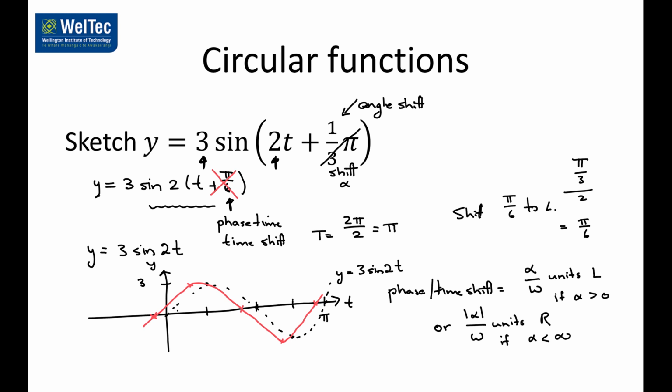It's just moved this distance here, which is pi by 6, so this point here is negative pi by 6. We could find the point where it crosses the vertical axis, that's when t equals 0. Putting that into our calculators, we find that the intercept is about 2.6. My drawing's not very good.